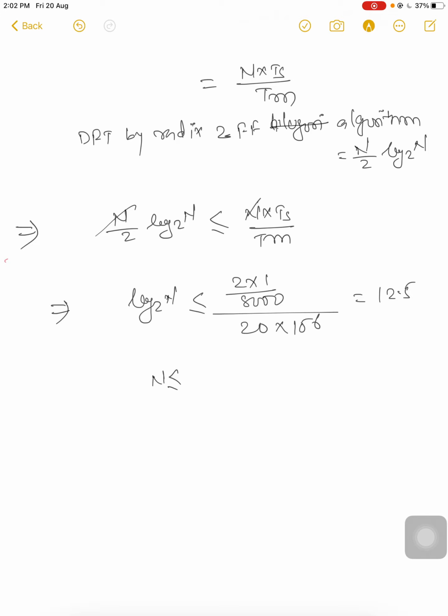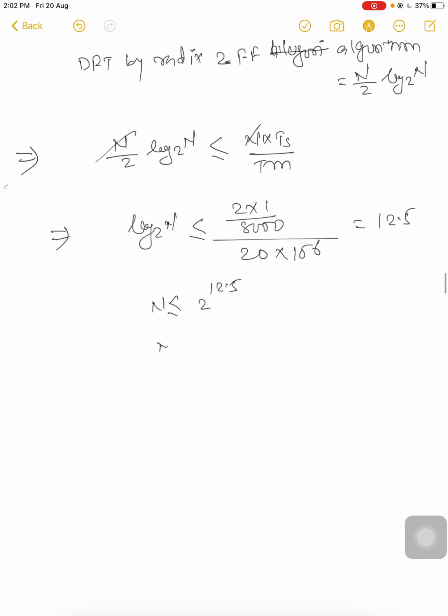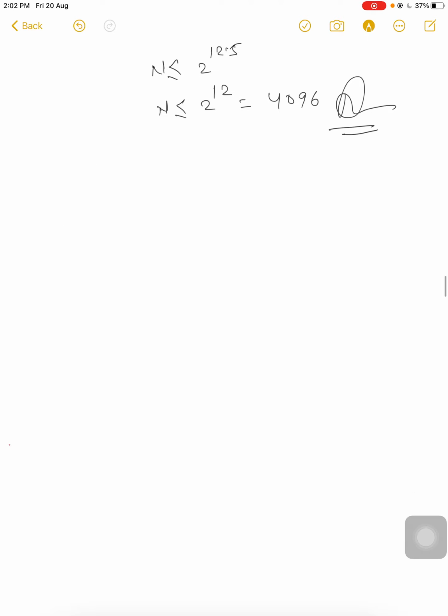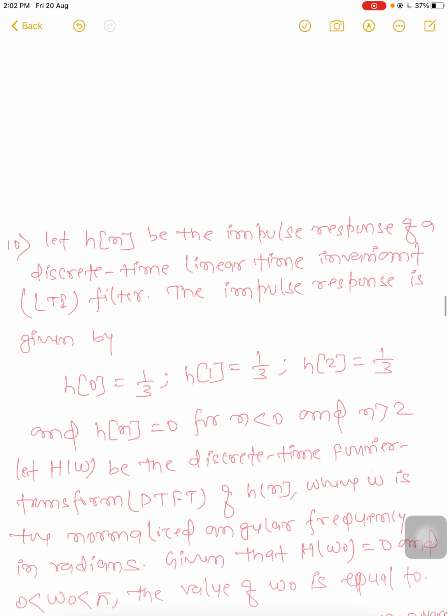Okay, so n should be less than 2 upon 12.5, so n should be less than approximately 96. This will be the answer.